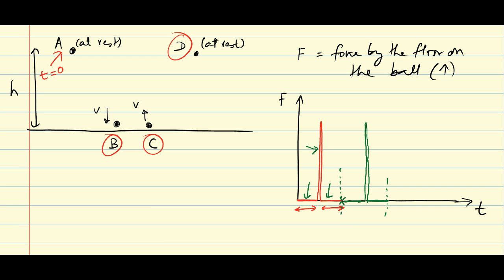The first cycle ends over here, and we want to find what is the average force during a long time interval. We might as well find the average force exerted on the ball by the floor during one cycle, which corresponds to this time interval. That time interval we can call delta t. Now let's do the calculations.